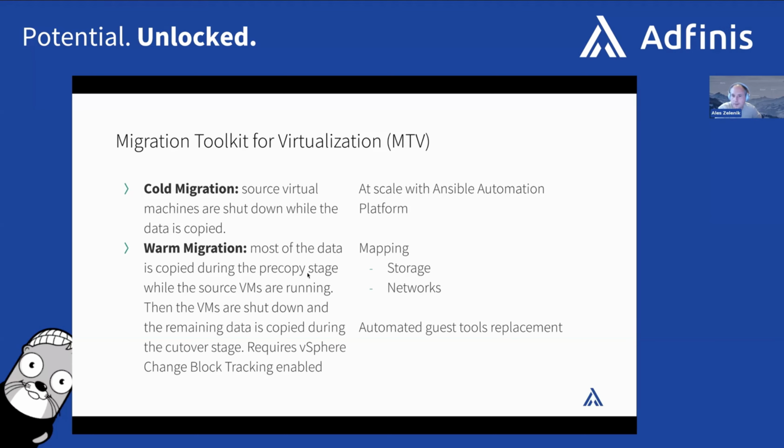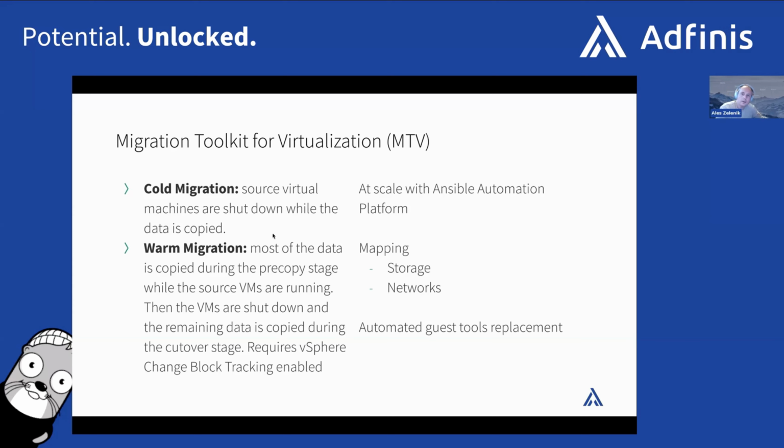So the next step if you use that would be to migrate to OpenShift virtualization. I will show you later in the demo a migration process from vSphere to OpenShift.